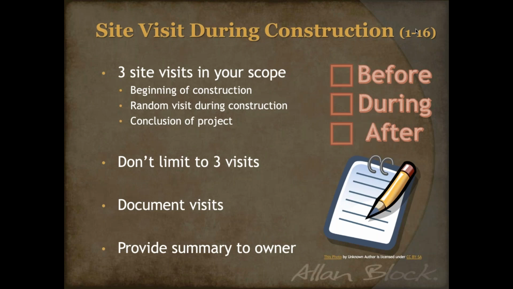So, of the three visits, the one at the beginning is basically there to stress the need for compliance with any approved design. We want to make sure that how we design the wall is how it's going to be built. That's the main point of the first visit. Now, the random visit during construction, you're going to make to make sure that any of the approved plans are being followed. And another big thing here is that you want to answer any questions that any wall installers or the contractor have, because this might be the best chance you get to come in contact with them.